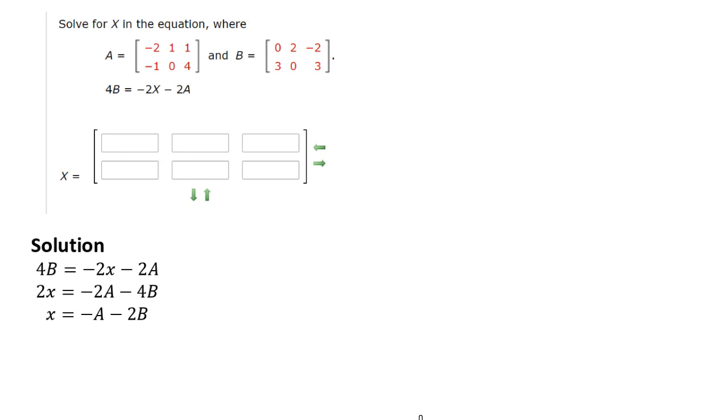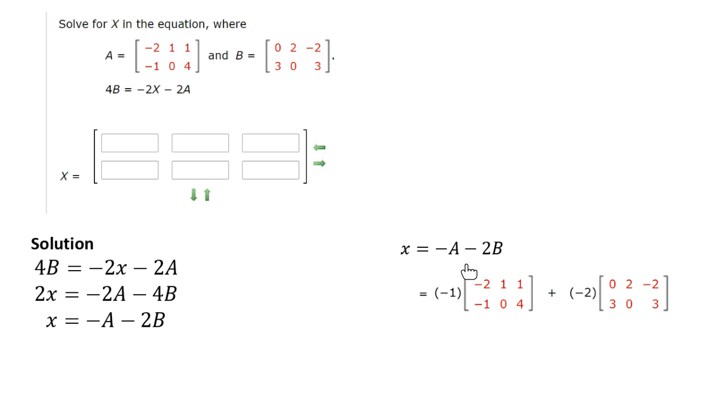So now that we have our equation, we can plug in what we have here. If there's a negative, you can have -1 times A as the matrix, and then -2 times B as the matrix. So we do the scalar multiplication, multiply everything in here by -1, and everything in here by -2.